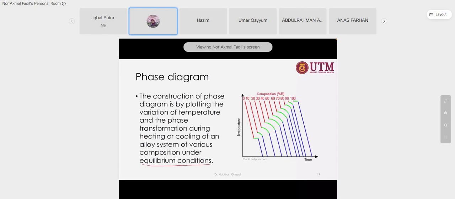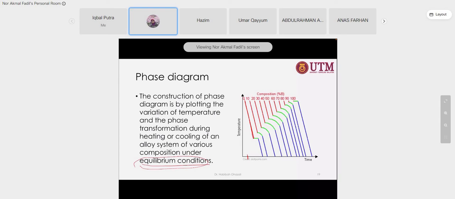So to obtain this equilibrium condition, you need to cool it naturally, without forcing it to cool very fast. If you force it to cool very fast, meaning within a short time, it won't be equilibrium.